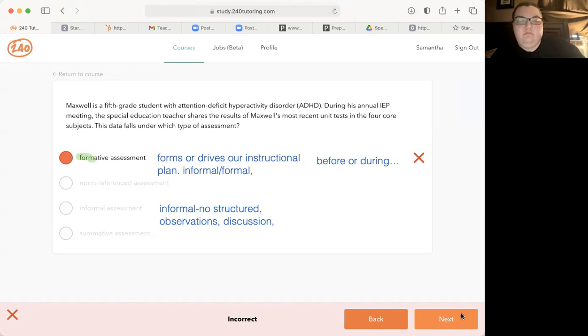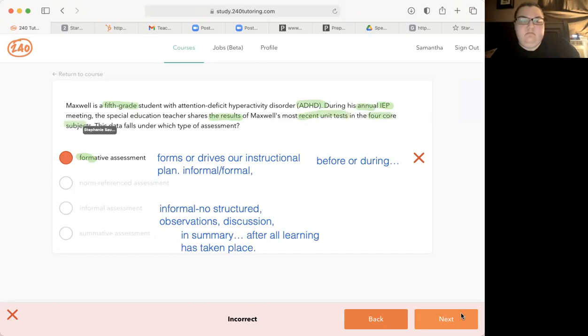He has ADHD. Those are important keywords and phrases for us to pay attention to. And like I said, it might not be important that he's in 5th grade, but it might. During his annual IEP, his individual education plan meeting, where the ARD meets, the special education teacher shares the results of Maxwell's most recent unit tests in 4 core subjects.